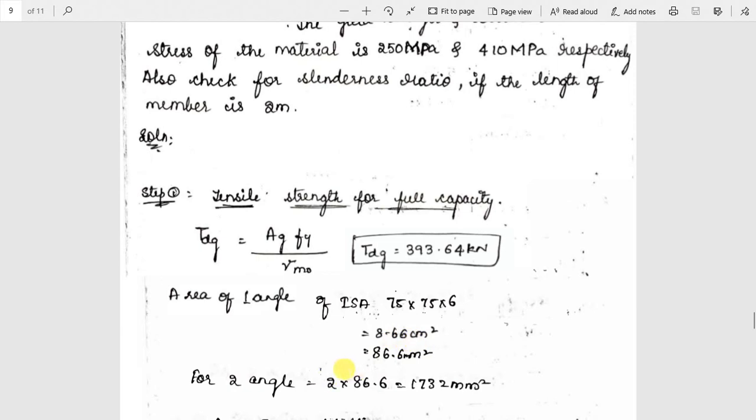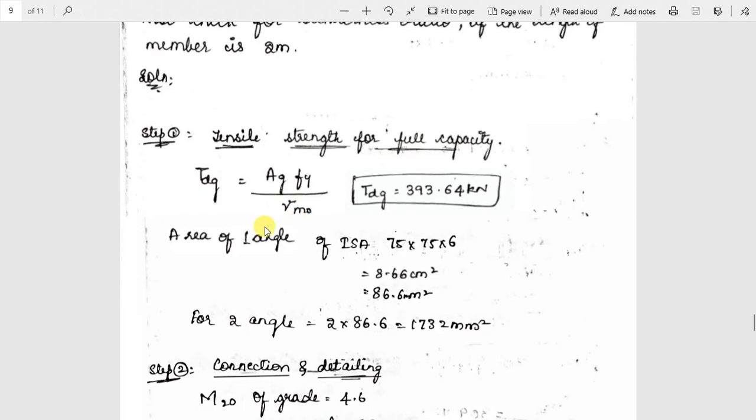For two angles combined it will be equal to 1732 mm square. If you substitute this AG in this formula, AG is 1732 mm square, Fy is 250, and gamma m0 you are aware of from table 5. So you will get TDG as 393.64 kilonewton.